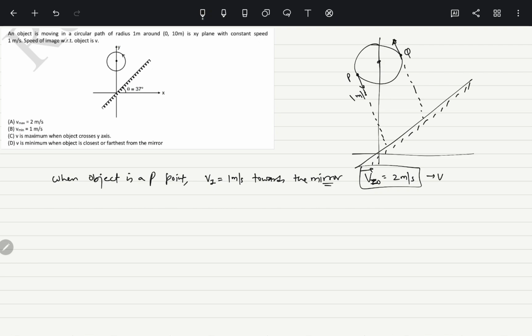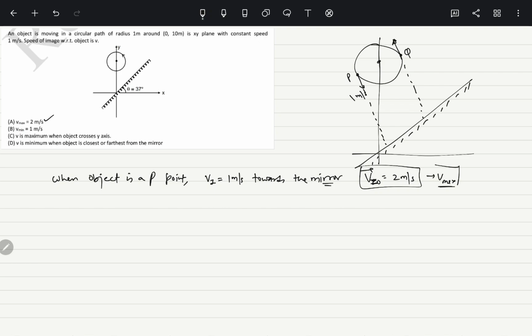Only then can we add them directly with their magnitudes. Otherwise, if you take any point and calculate the relative speed, there will be components, and components will always be less than the actual resultant, right? So we can say this 2 meter per second is the maximum speed of the image with respect to the object. According to this, option A should be correct.